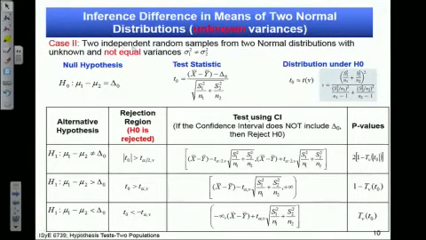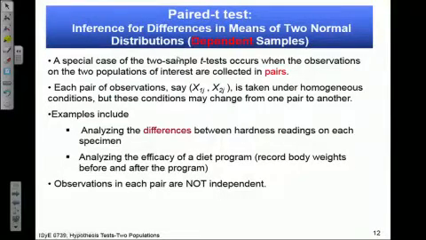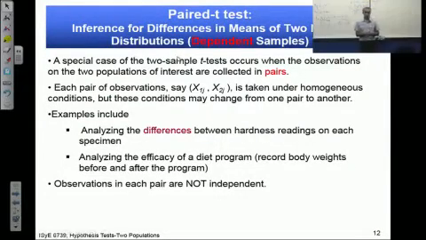We have two independent random samples. So within each sample should be independent, and between samples should also be independent. In some cases, we have dependent samples, and it's because of the nature of the problem. For example, you are collecting the data in pairs.